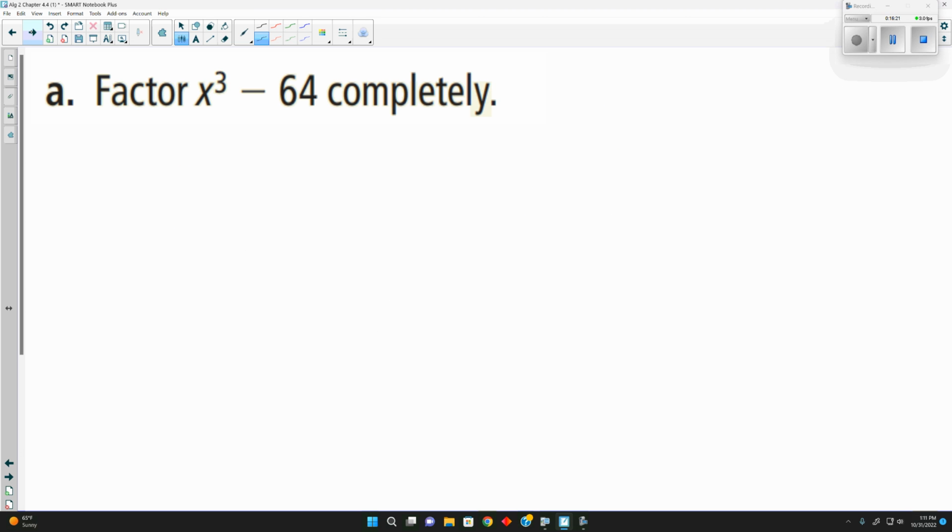X cubed minus 64. Can we take the cubed root of x cubed? Yes, it would be x. Now we need to take the cubed root of 64.